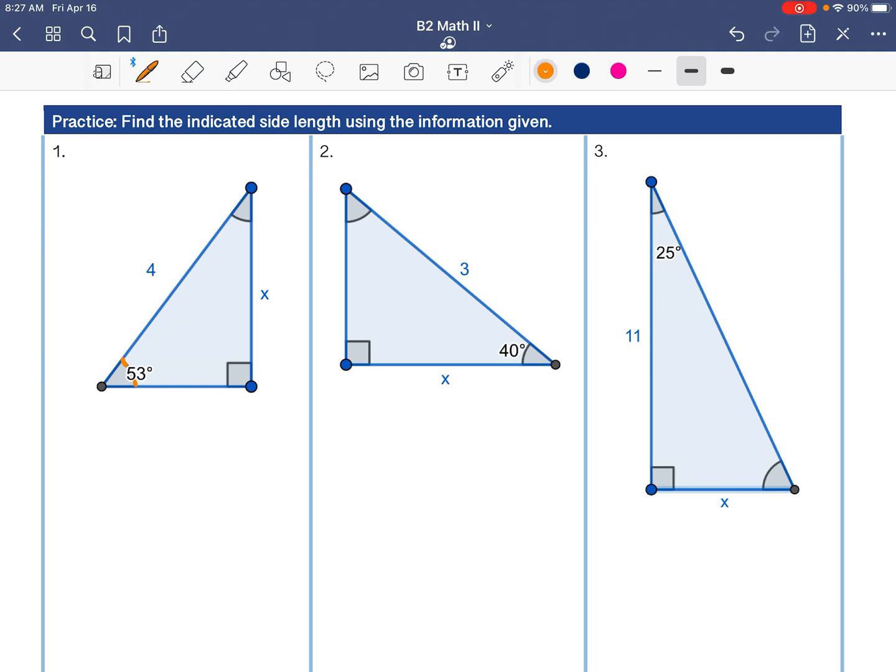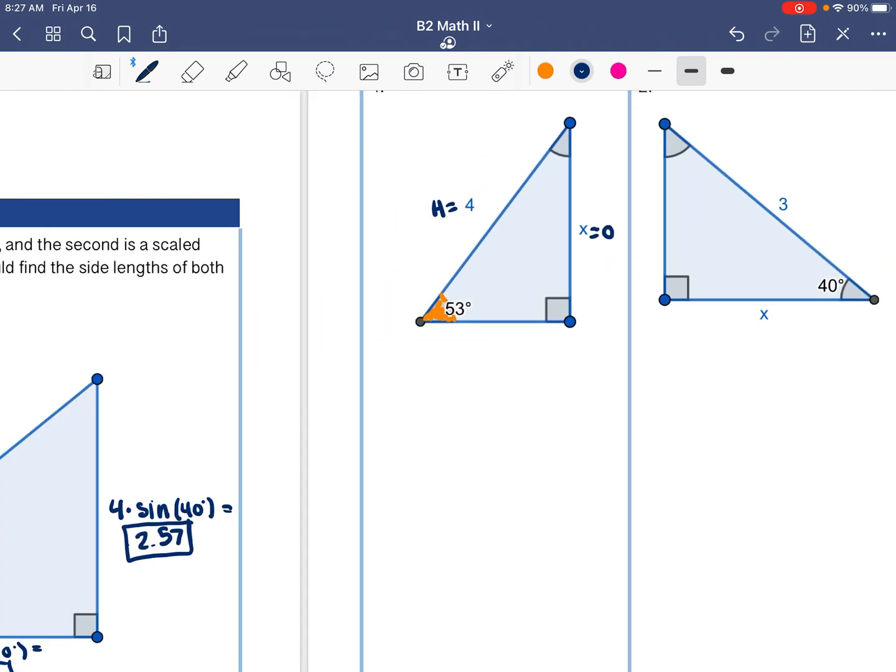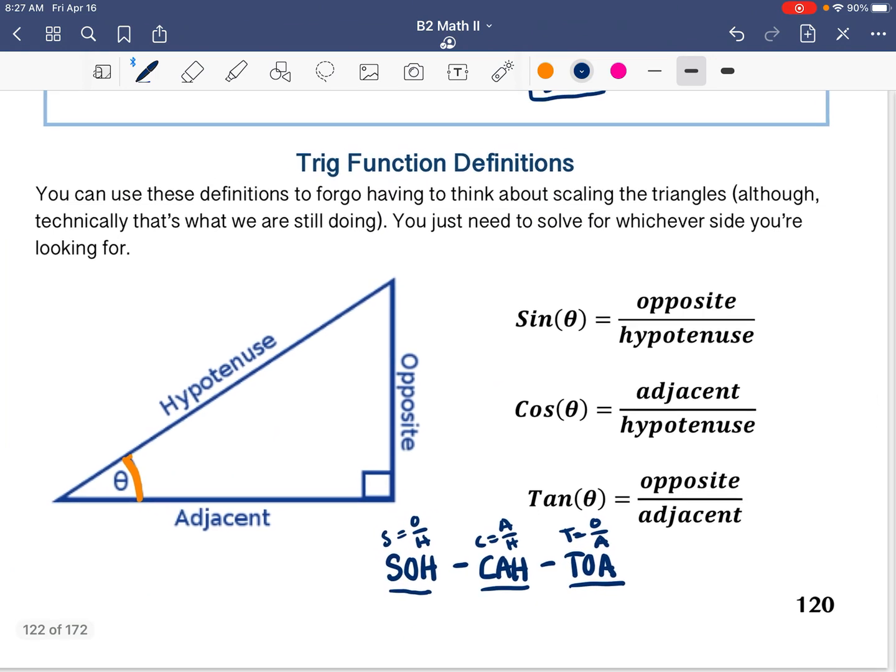So your reference angle here in the corner, I have on this triangle my hypotenuse. It says it's 4, and then the x is my opposite side. Then you ask yourself, which of the trig functions uses opposite and hypotenuse and not adjacent? We look back at our trig definitions.